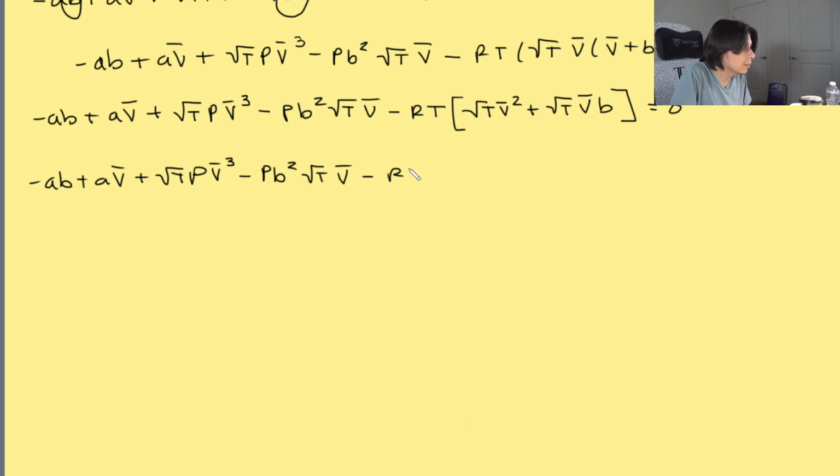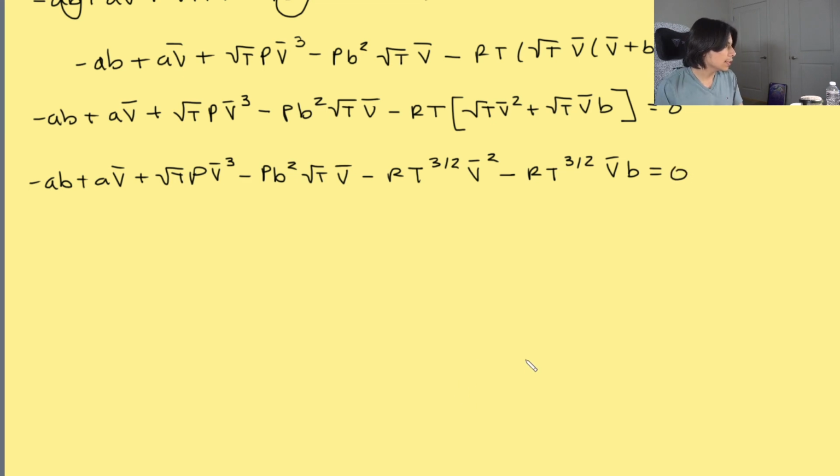So using exponent rules, we arrive at that. And then that v bar squared is just carried over. And then we have minus r, again, t to the 3 halves, and then v bar b equaling 0. So that sounds about right.